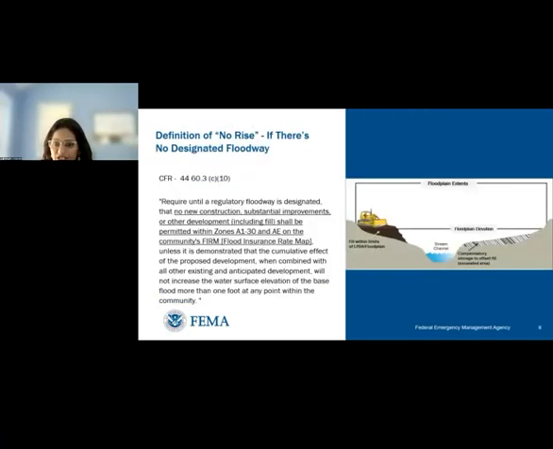Now the official definition of a no-rise requirement when there is no designated floodway, so when the floodway is not designated on the FIRM, is from 44 CFR section 60.3(c)(10).